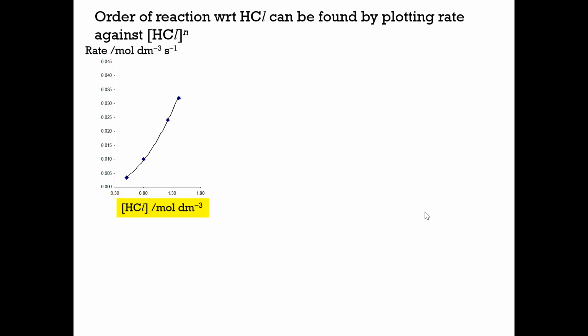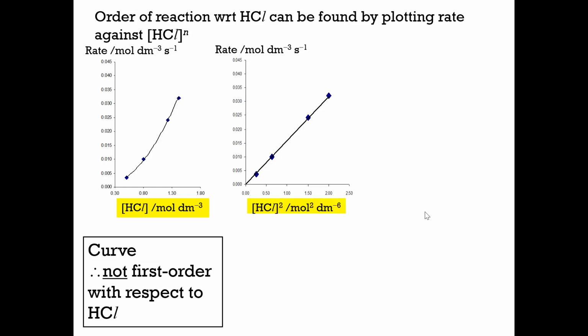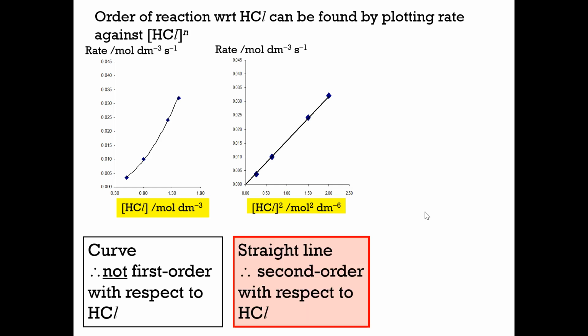So like what I've shown you in your notes, if you were to have these three graphs being plotted, rate versus concentration of HCl, it is a curve. It is not first order with respect to HCl. That's the first conclusion you can draw from this graph. When we have this graph, rate versus concentration squared, then we know it is a straight line, it is second order with respect to HCl.